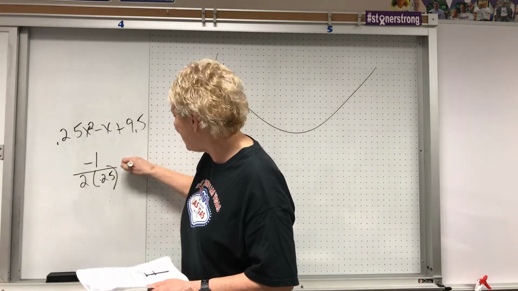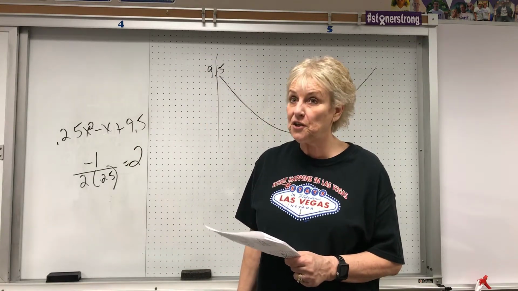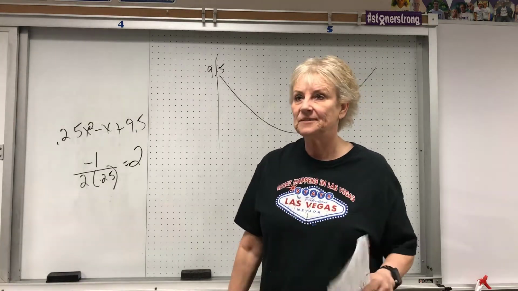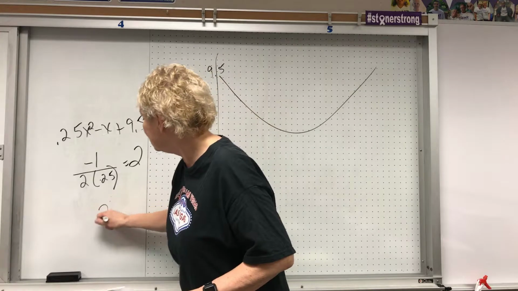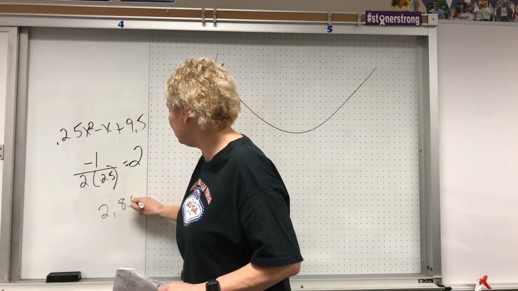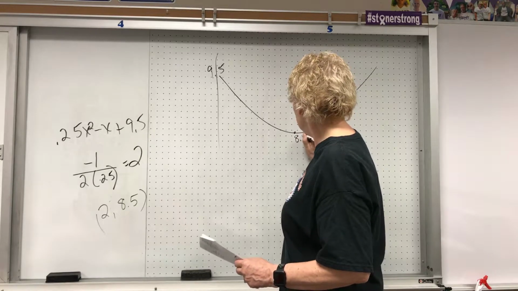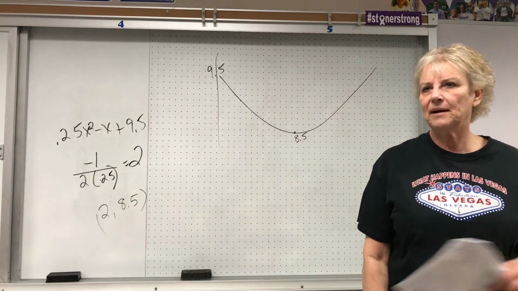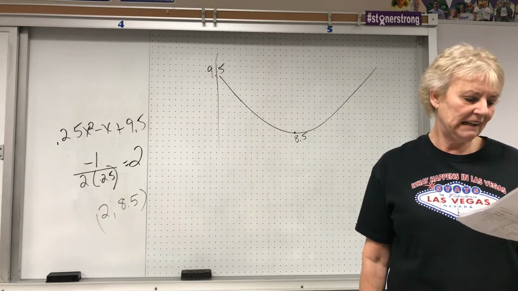You should have gotten a 2. 1 divided by a half is 2. Now, when you plug 2 in, you get 8.5. So, 8.5 is the height of the bottom of that parabola.